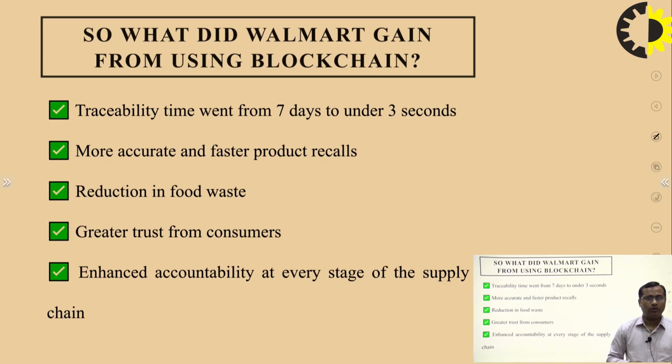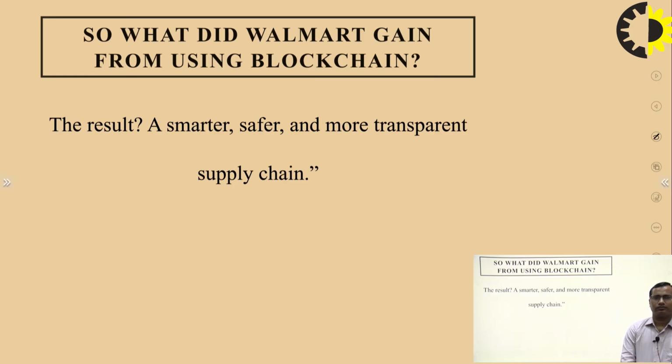And from the consumer's point of view, we have got greater trust. That means it enhances accountability at every stage of the supply chain, because the information is available at every step. The result of this technology is a smarter, safer, and more transparent supply chain.